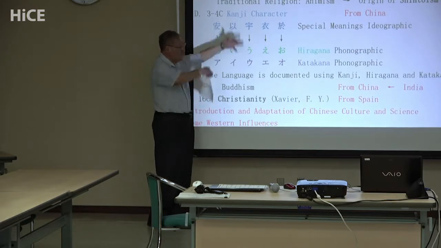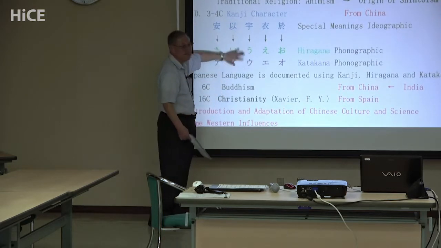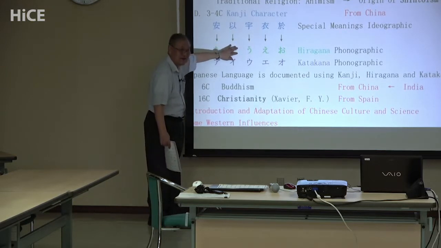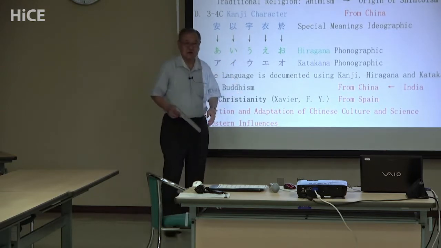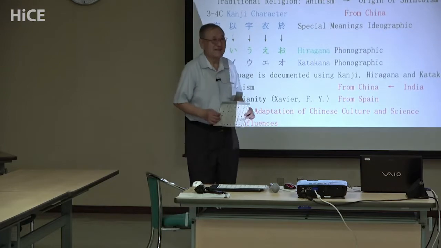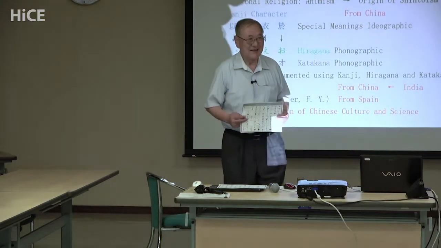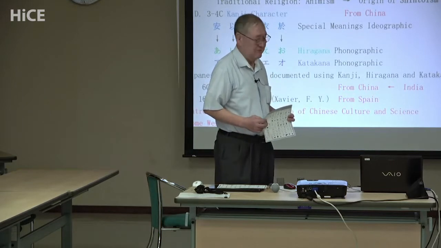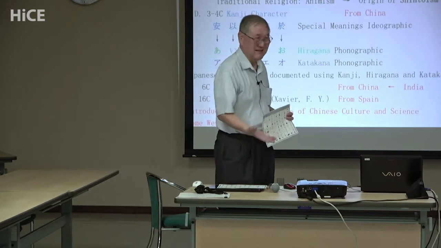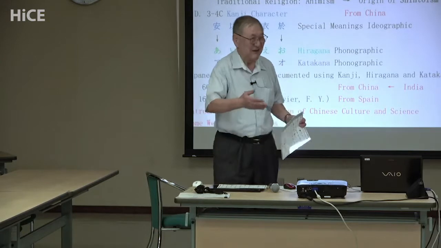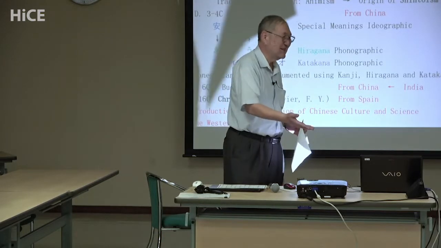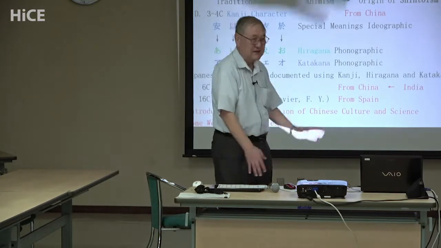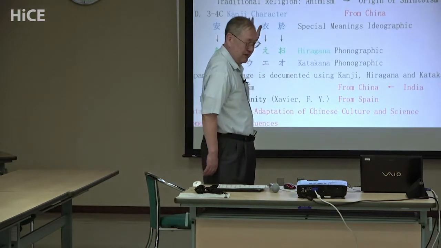Okay? Then we join together and mix all the kanji and hiragana and katakana. This is very difficult, I think, to learn. But the Cyrillic letters are very difficult for me to learn. You are very familiar with the Cyrillic letters. Okay, these are the Japanese basic letters.